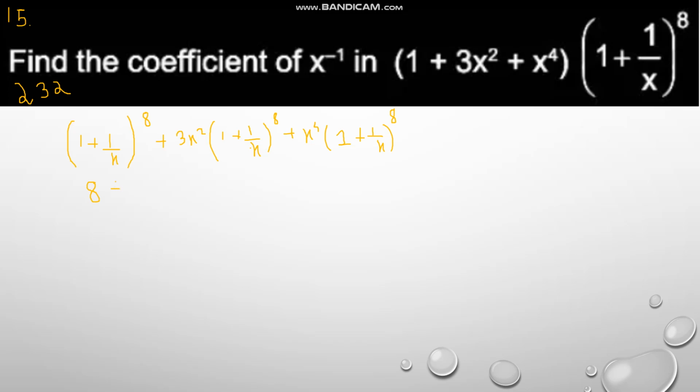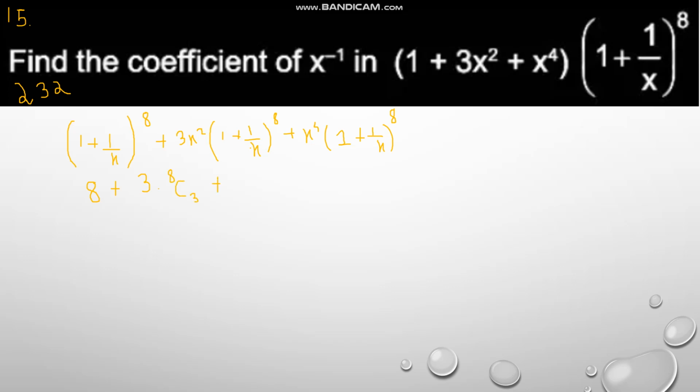Then we have to add 3 multiplied by, now see, there is x square there, means we need to find 1 by x cube, means x to the power minus 3 term from 1 plus 1 by x whole to the power 8, which will be nothing but the fourth term. The coefficient will be 8C3.